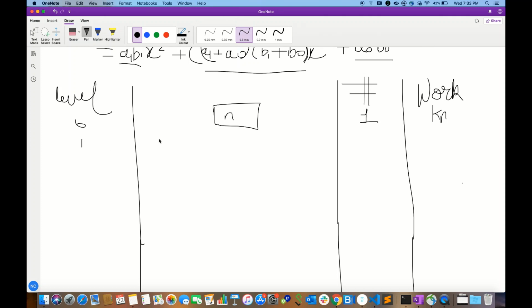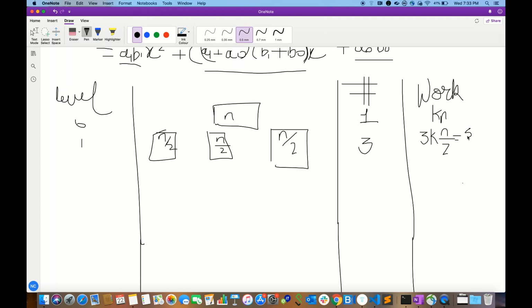At level 1 it gets reduced to n by 2 with 3 nodes. So here the number of nodes is 3, each with work k into n by 2, which results in 3 by 2 k n.